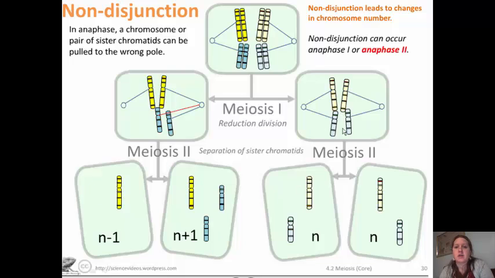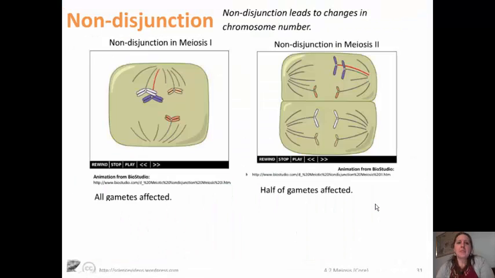But these guys over here are going to separate correctly, so these will be normal. So nondisjunction can lead to changes in the chromosome number. In the first case, all the gametes were affected. And in the second case, if it happens in meiosis 2, just half of the gametes will be affected.